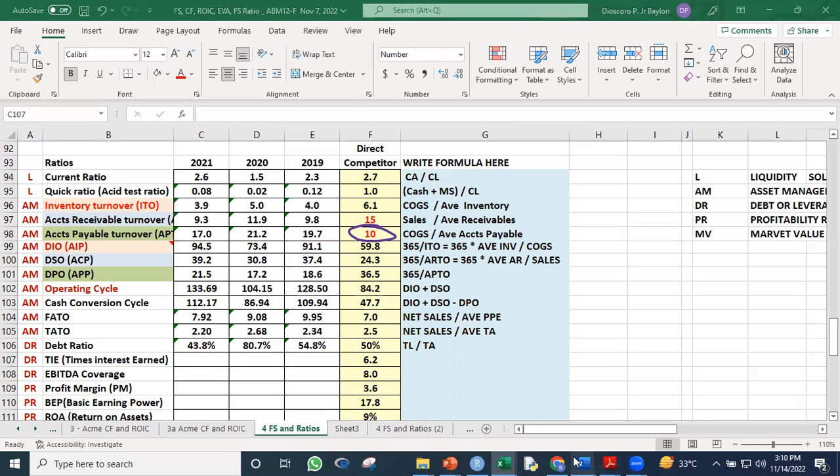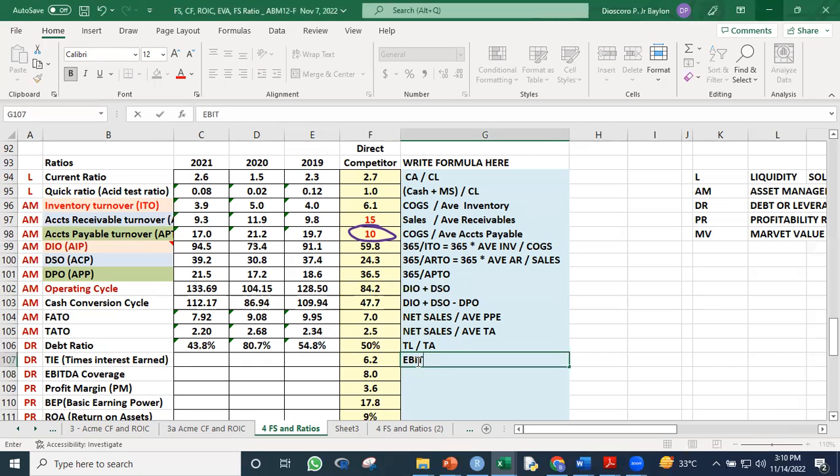Okay, so let me write that in our Excel sheet. Okay, so this is EBIT divided by interest expense.